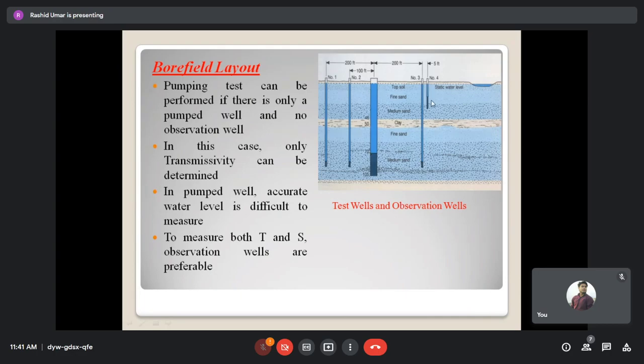If there is fluctuation, that means this is connected with this one. If there is any change in the water table of this particular well, then there is some interconnection, and this formation is not 100% confined but is acting like an aquitard. If it is an aquitard, after a certain time period there will be vertical leakage, and because of that leakage this may also be dropping. So this is the purpose of adding this well here.